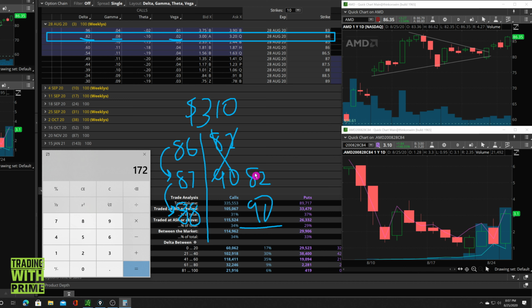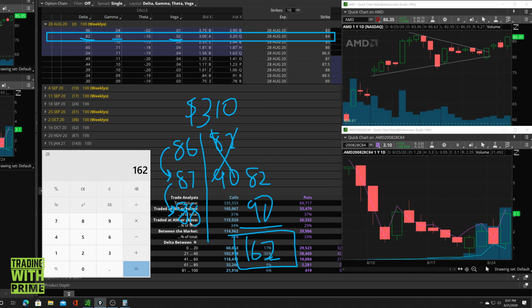Let's say this all took place overnight. Now I'm going to subtract theta, and our theta is $10. So 172 minus $10, $162. So you can see the difference, $162 if I was going to close this tomorrow.